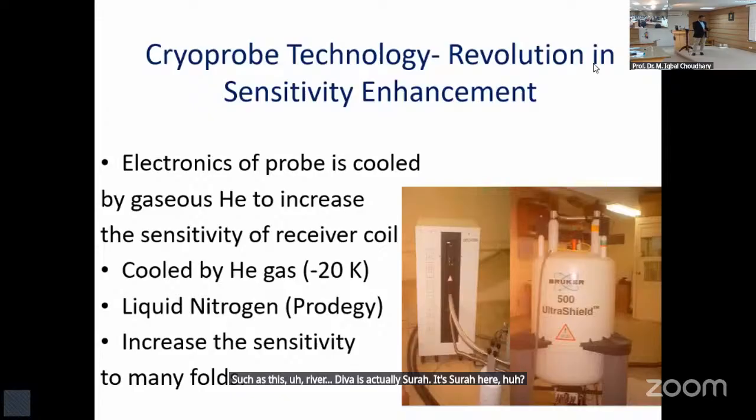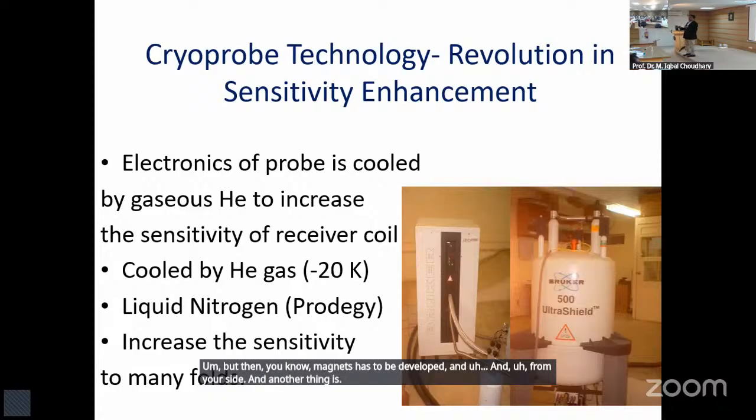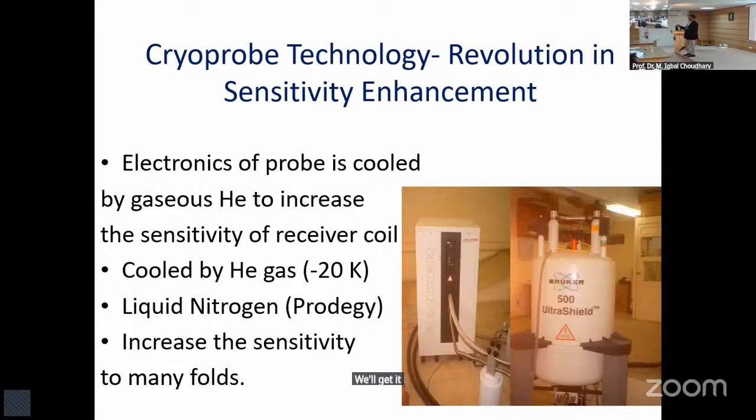But then magnets have to be developed, and computers and a lot of things, and they will say, okay, we'll get it after 1 year because it takes so long to develop that. Or 6 months. For 1.2 gigahertz, they say, okay, give us the money, and it will be yours.